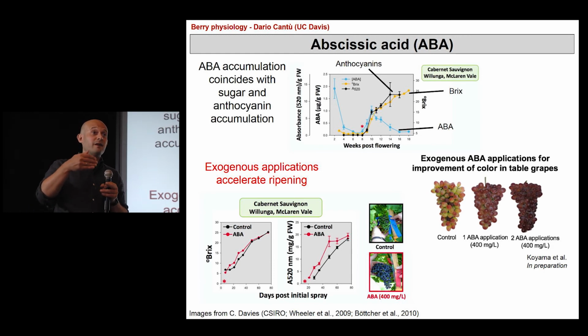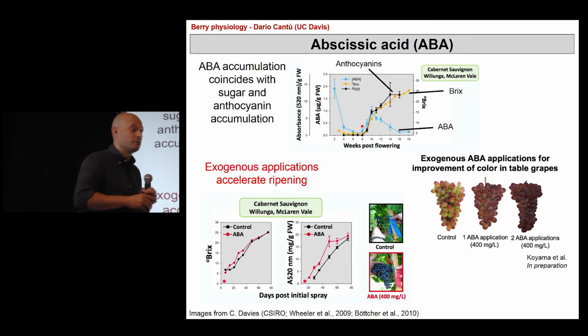And we know that ethylene, if applied close to ripening, pushes ripening. It is not directly linked to color, but it accelerates ripening. So we know something that we could apply to the berries to improve their composition.